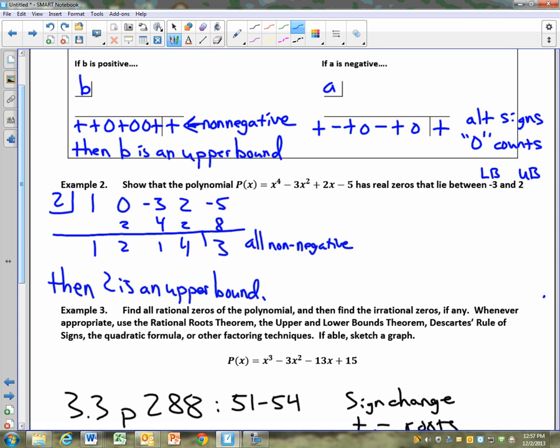And 0 counts as an alternating sign in this case. Then A is a lower bound.